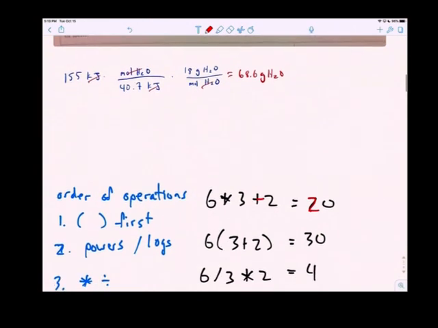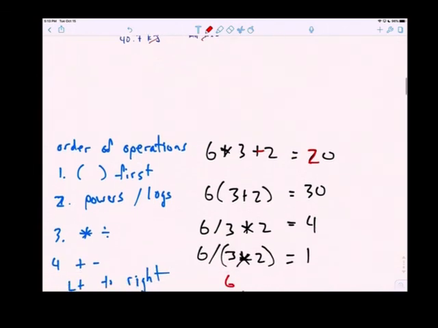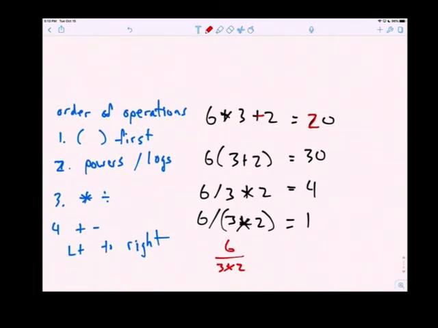Another thing with this, the most common mistake I see with students is order of operations. You may have a smartphone and an amazing calculator, but it's only as good as the human that puts in the input. It can only do what you tell it to do. Order of operations: parentheses are first, powers and logs are second, multiplication and division are third, addition and subtraction are last, and it always goes left to right.